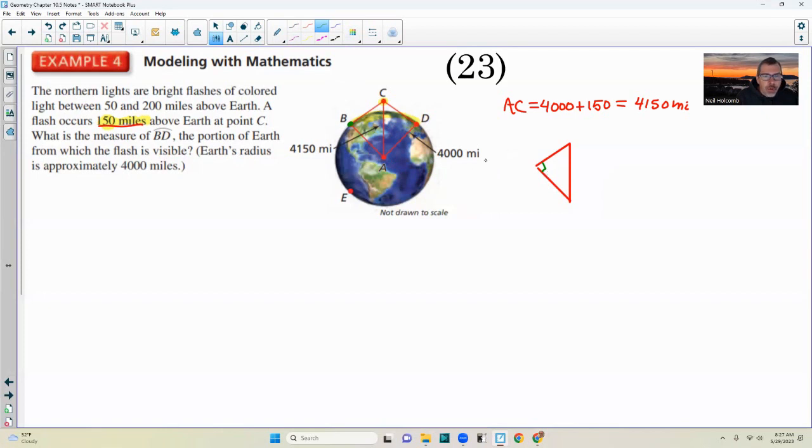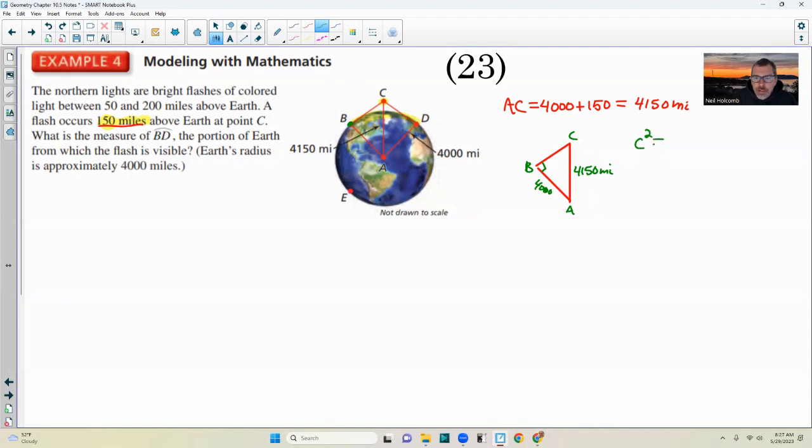I know AB is 4,000 miles, the radius. So this is A, this is B, and this is C. I also know that AC is 4,150 miles. So I know two sides of a right triangle. I can find the third by the Pythagorean theorem.